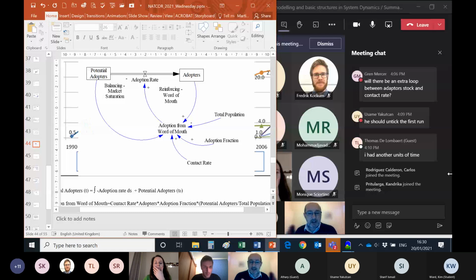Maybe through the testing, we realize that it's not enough what we have in terms of structure, and then we add an additional part of the model. We test it, we refine it until we see that what we observe in terms of the model is the behavior that we can see when we look at the reference mode for the model.